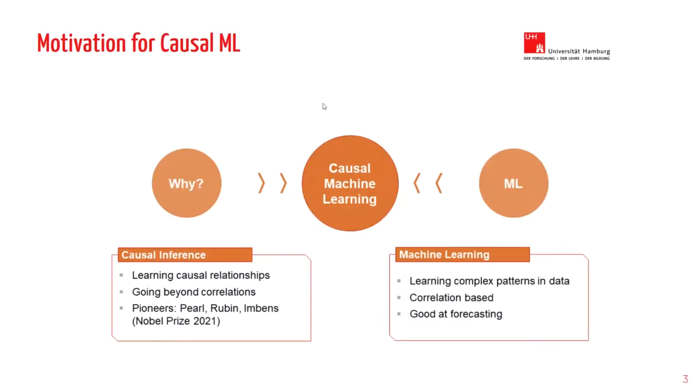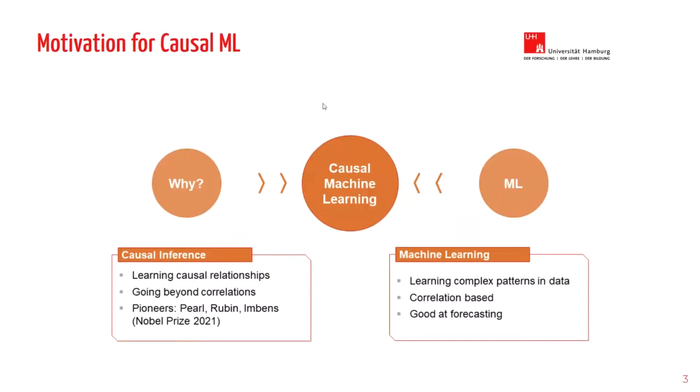There is a very rich and also heterogeneous literature on causal inference. There's the literature largely influenced by Judea Pearl from computer science and statistics, and also the econometrics literature. There's work by Donald Rubin or Guido Imbens, and Guido Imbens received the Nobel Prize last year for his work on estimation of causal effects.